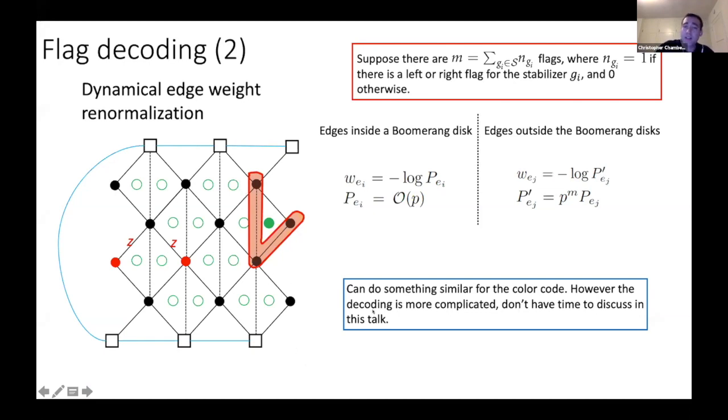And so the basic idea is that we're going to say, well, for edges within these boomerangs, we know that there was a flag here, and we can compute the probability to leading order in p of these edges being highlighted.